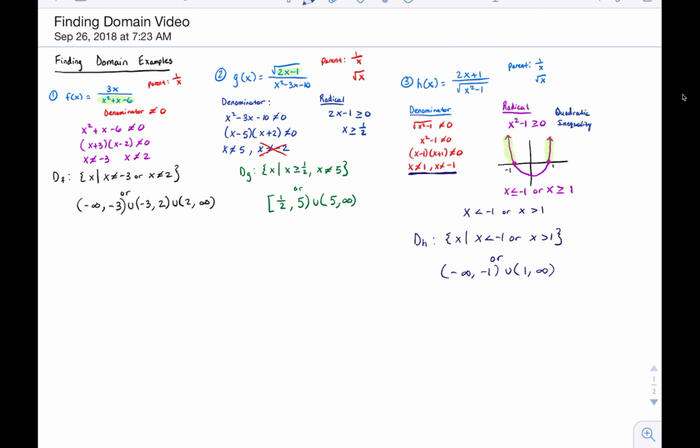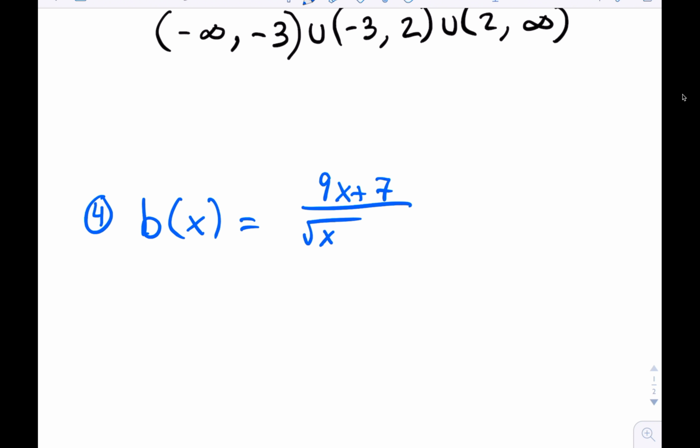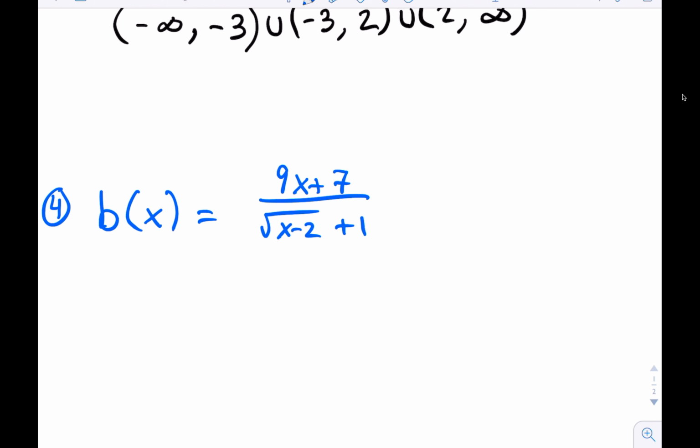And then the last one I want to look at, we will call this b of x. So b of x is 9x plus 7 divided by the square root of x minus 2 plus 1. Again, I see that I have a rational function here, and I also have a square root.